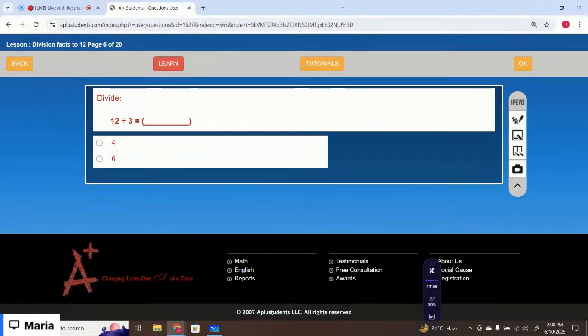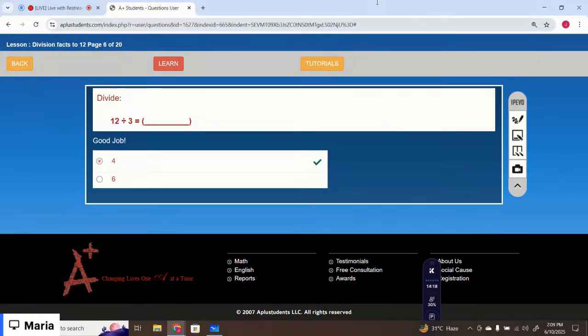Twelve divided by 3. 12 divided by 3 is 4, because 3 times 4 is 12. Option number 1 is the correct option.